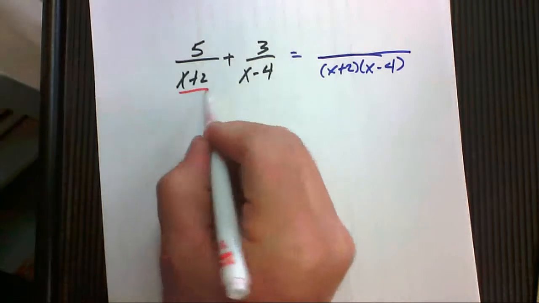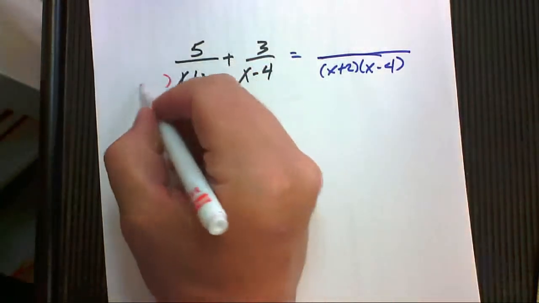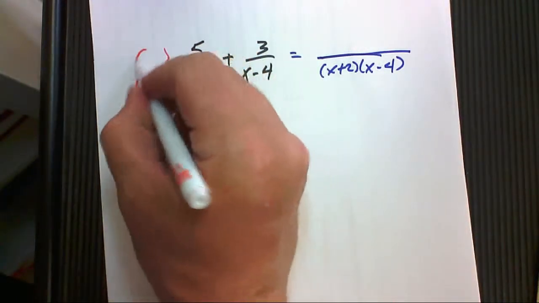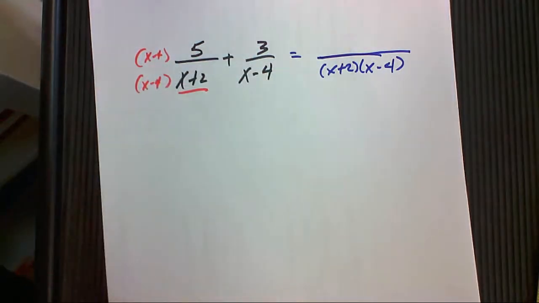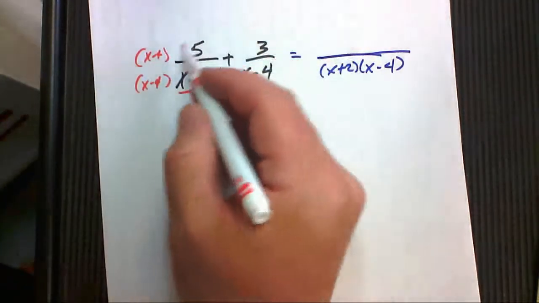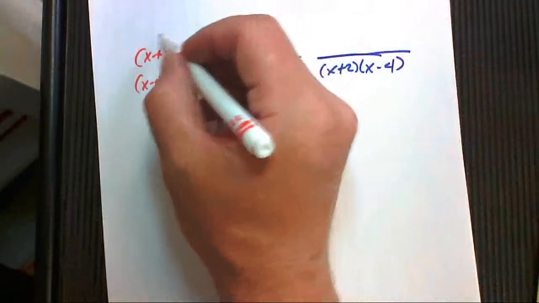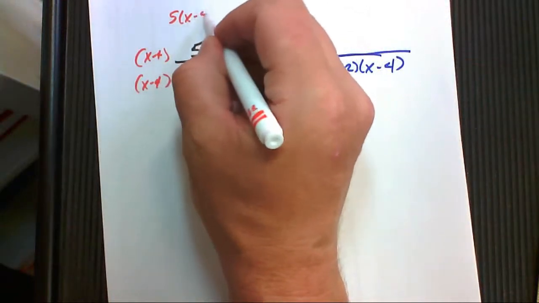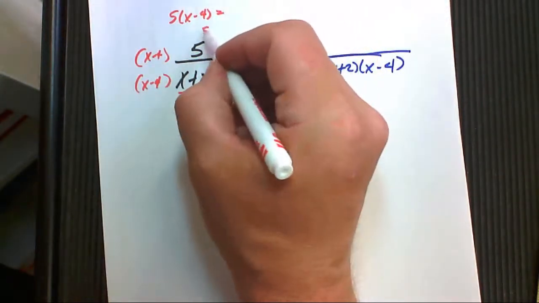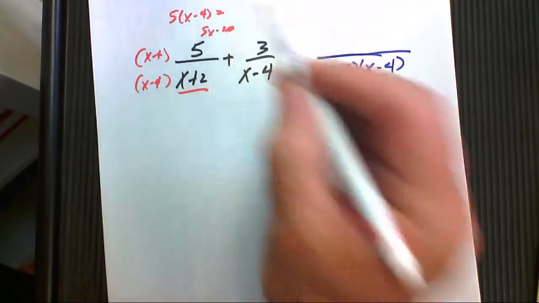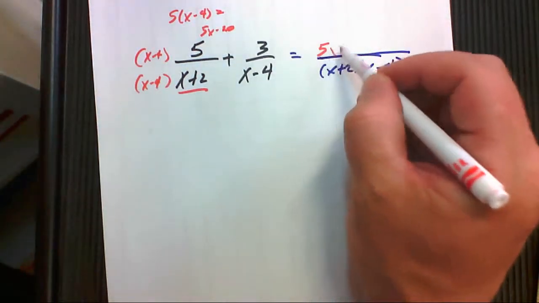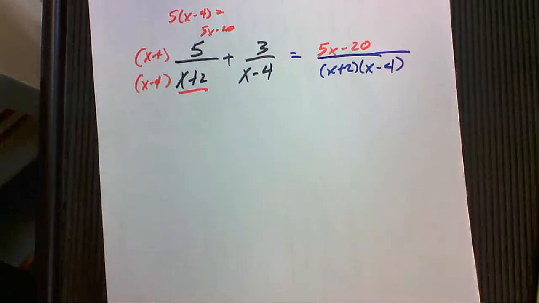Same process. We have to change this right here to look like that. So we multiply by x minus 4. 5 times x minus 4, do that right here. That is 5x minus 20.